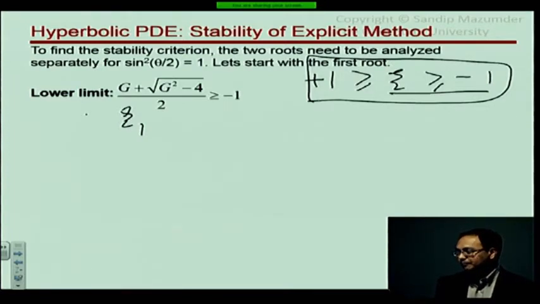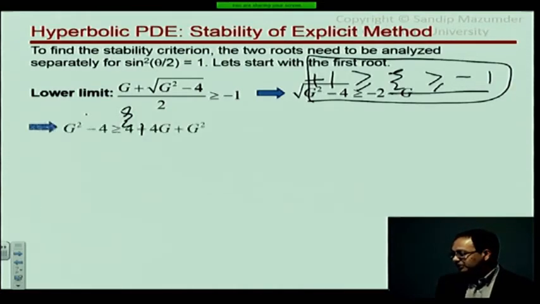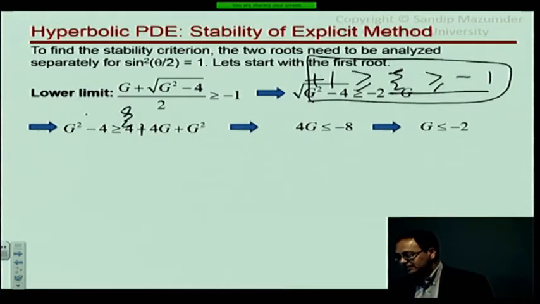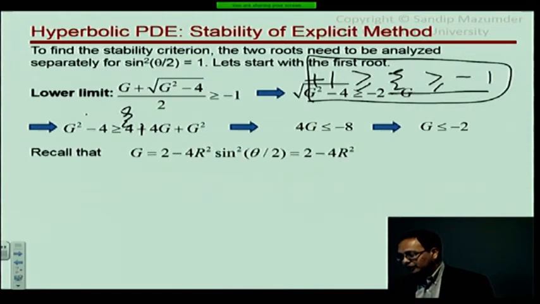Okay? And if we do some math, of course, we can rearrange that and then square it. And once you do all that, you get 4g is less than or equal to minus 8, which gives g is less than or equal to minus 2. Okay? Now, our g is 2 minus 4r squared sine squared theta.